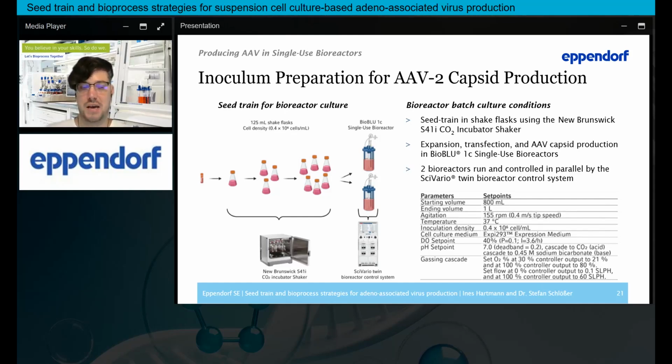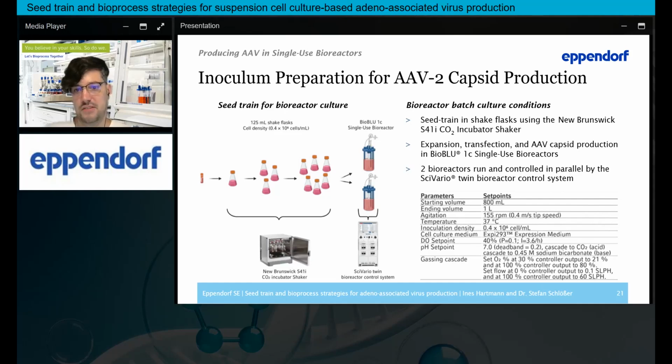It was done in batch culture, which means the culture was undisturbed during the bioprocess and was only disturbed when the process was ended. Of course, the cells were incubated at 37 degrees. The agitation of the impeller was at a speed of 155 RPM, or 0.4 meters per second of tip speed.